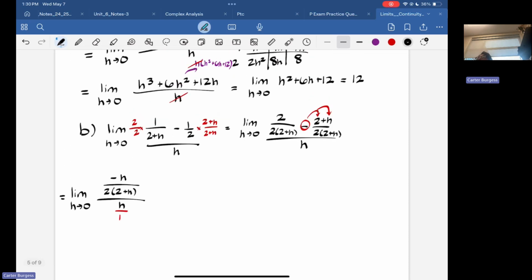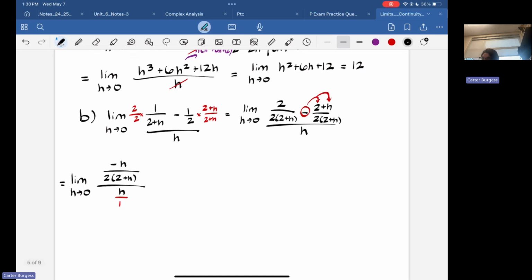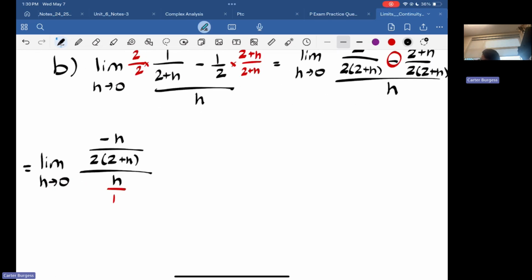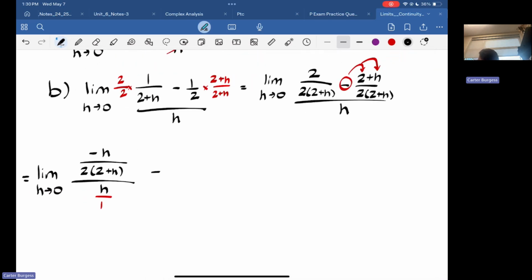Okay. So we have a fraction, we're dividing by something. What's maybe an easier way to do this rather than dividing by something? Multiply by the reciprocal. This is the limit as h approaches 0 of negative h over 2 times 2 plus h times 1 over h.